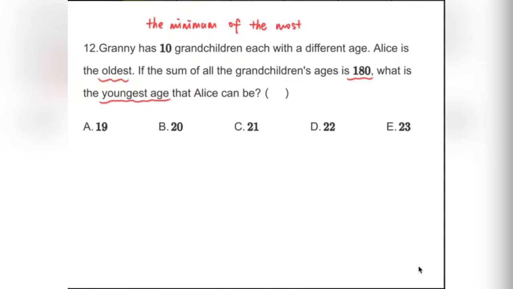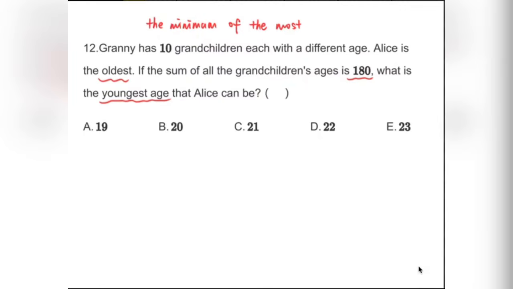So here, everyone, you see that the sum is 180. Then Alice could be very, very old, right? And also could be a bit younger. So what is the youngest one? That is, you try to make sure that the age difference between these grandchildren is as small as possible. So what should we do?